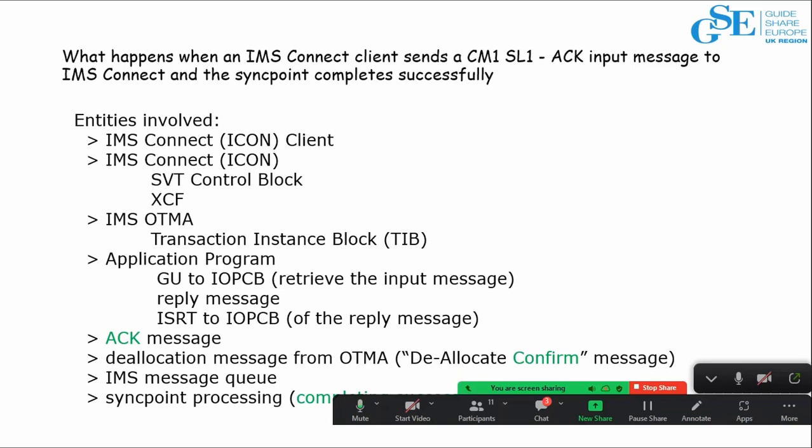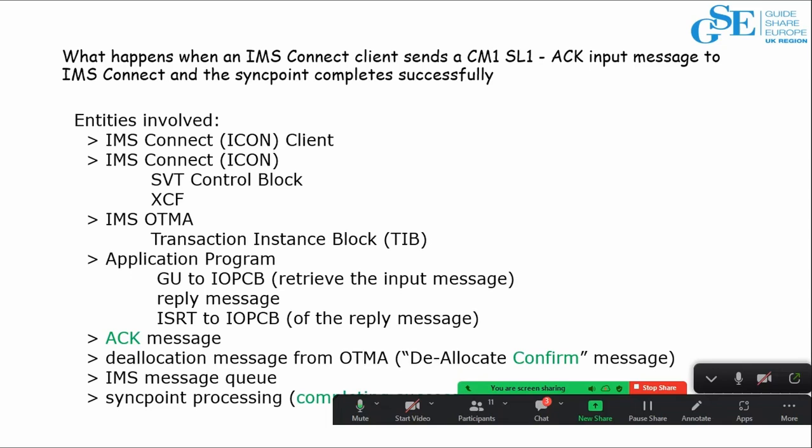Otherwise, if a persistent socket is not in use, then the SVT control block is freed. And now that the IMS Connect client has received the deallocate confirm message, it knows that the entire sync point processing on the side of the IMS control region, on the side of OTMA, is successful. It can safely go ahead and process the reply message.